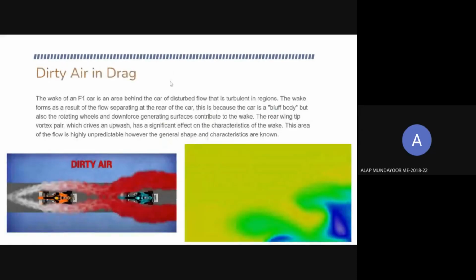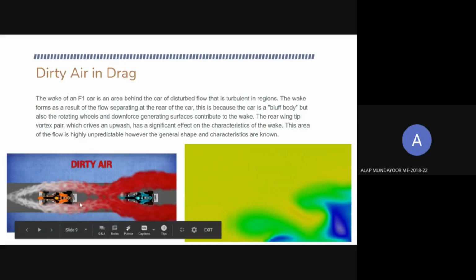Now, I'll be talking about a situation called dirty air in drag. This mainly happens when two F1 cars are racing on the track, and the air behind the first car tends to be a lot more pressurized. This is because of the high speeds at which these cars travel.